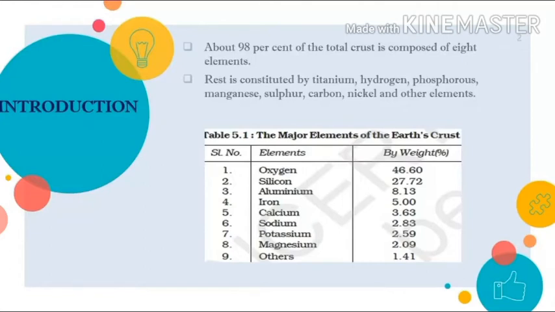About 98% of the total crust of the earth is composed of 8 elements: oxygen, silicon, aluminium, iron, calcium, sodium, potassium, and magnesium, and the rest is constituted by titanium, hydrogen, phosphorus, manganese, sulfur, carbon, nickel, and other elements.